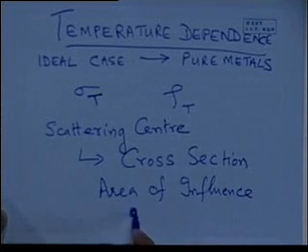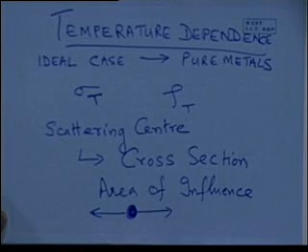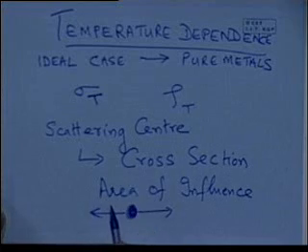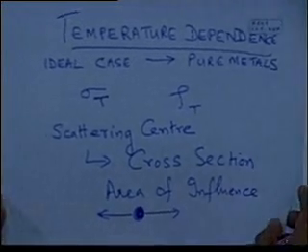Atoms are vibrating around a mean position, and how close does the electron have to get before it feels the influence of this vibrating atom? That's what we mean fundamentally by the cross section of an atom.